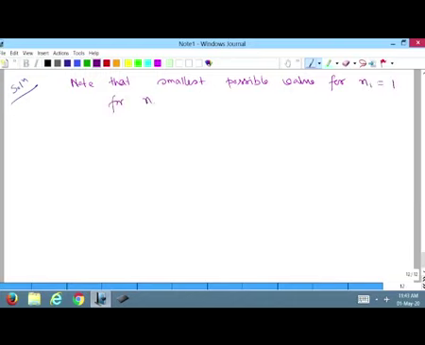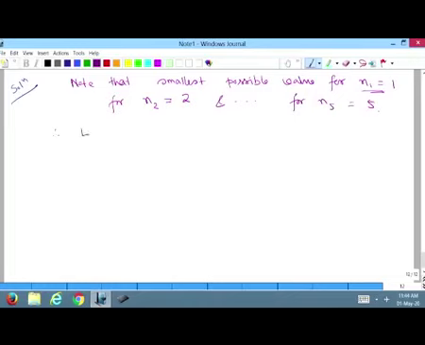For n2 it is 2, because n2 cannot be 1, since we know n1 is smaller than n2. And similarly, for n5 this is equal to 5.